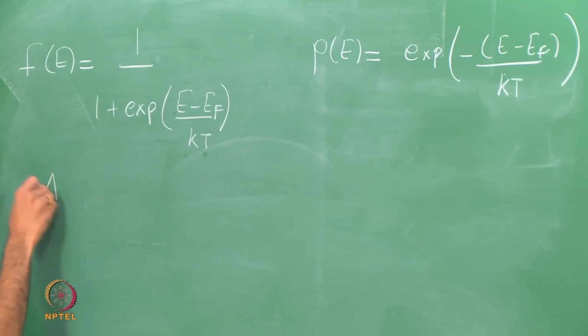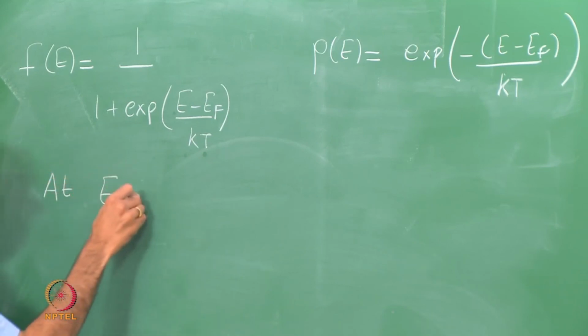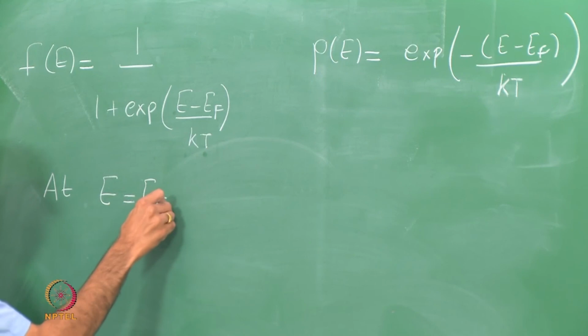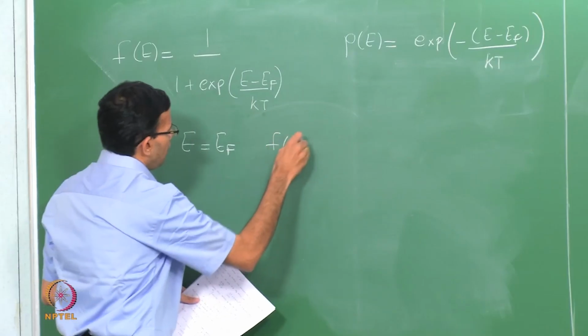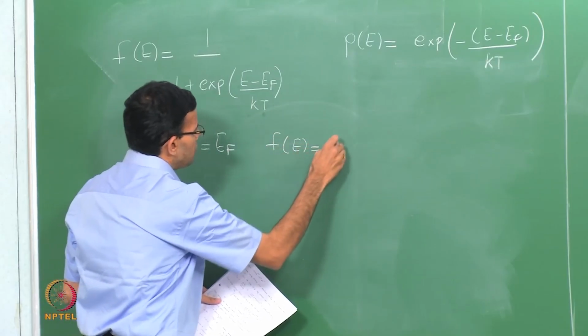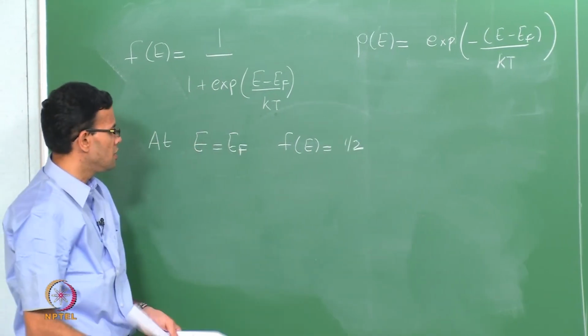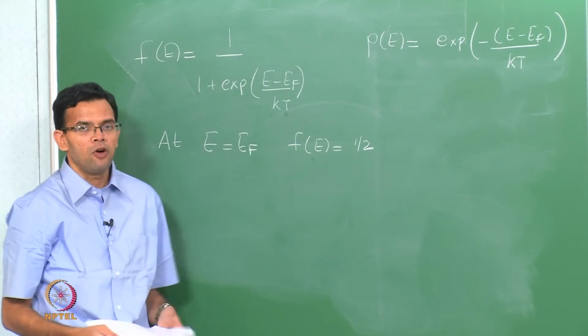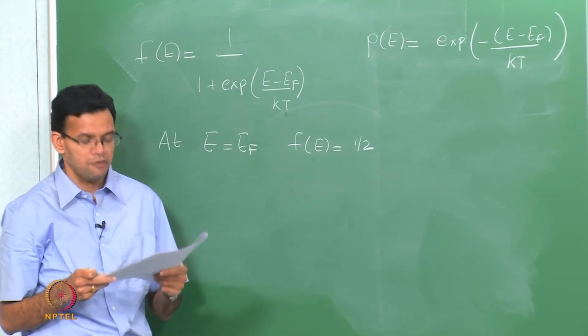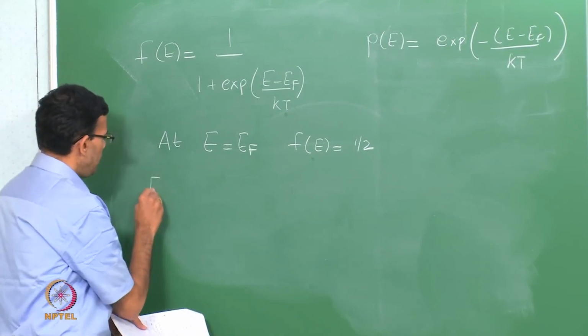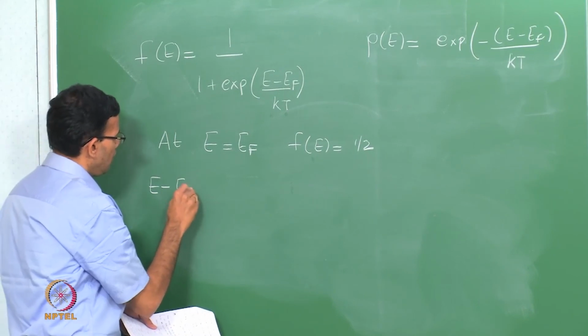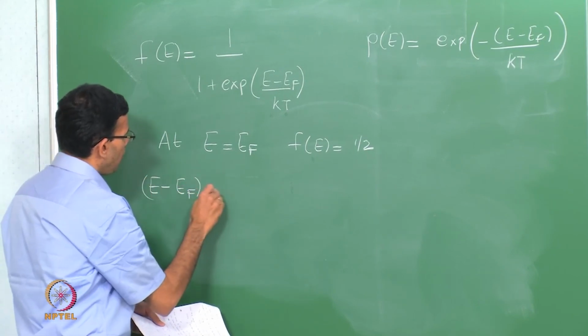Now, at the Fermi level E equal to EF, f of E is always 1/2. Does not matter what the temperature is, the probability of occupation is always half. Let us say we are kT above the Fermi energy.